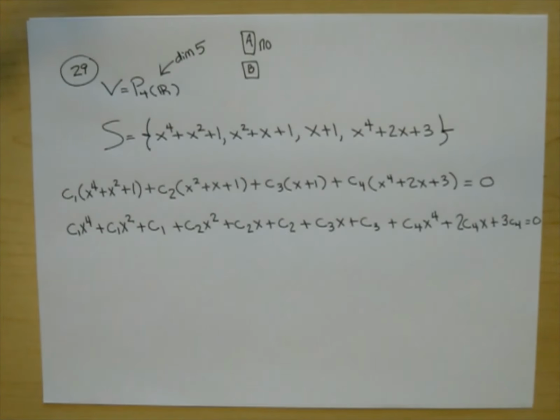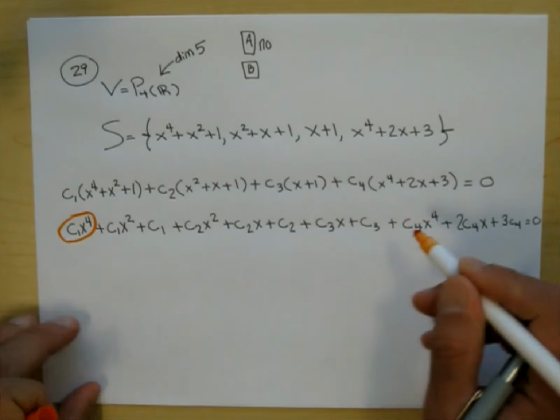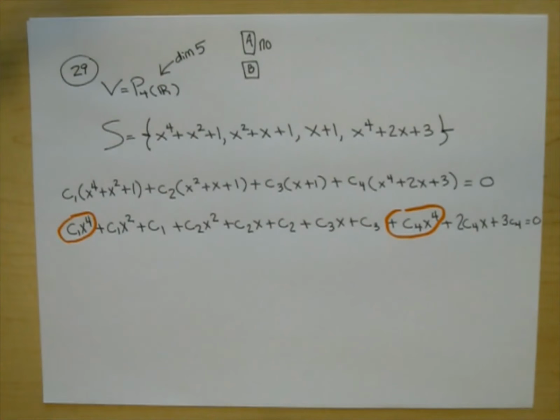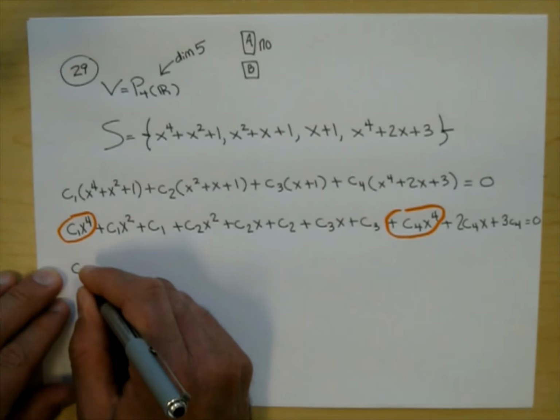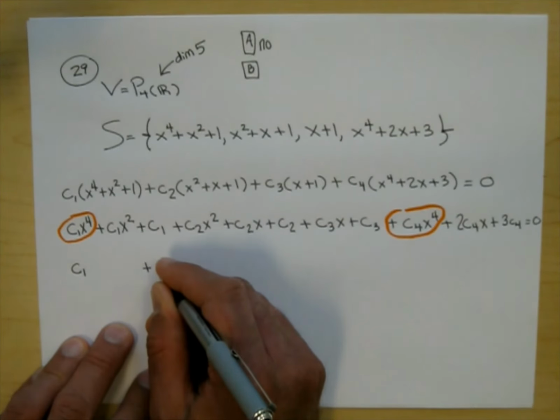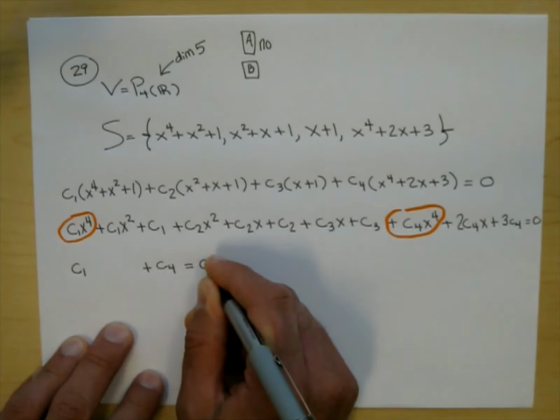I'm going to circle all my terms that have x to the fourth in them. That would be these two terms. I don't think I have any other x to the fourth. So this one tells me that C1 plus C4 equals 0.